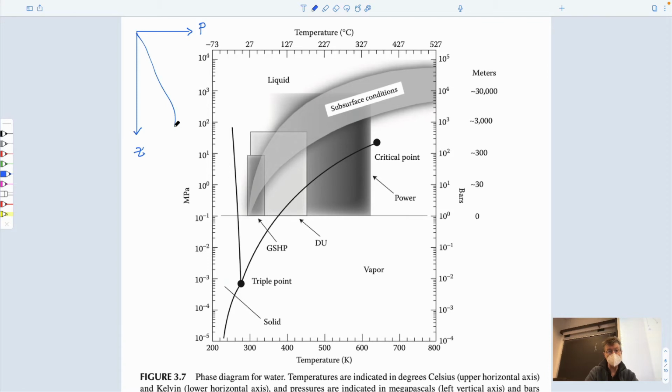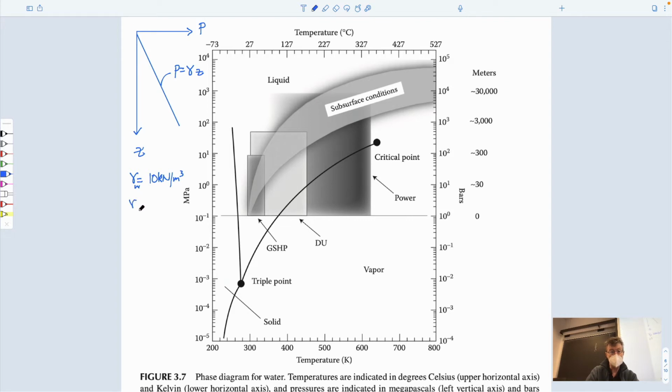You know exactly how to do this. You know that pressure, or stress, is going to be equal to the unit weight of whatever multiplied by its depth. For water, we know that the unit weight is 10 kilonewtons per meter cubed.